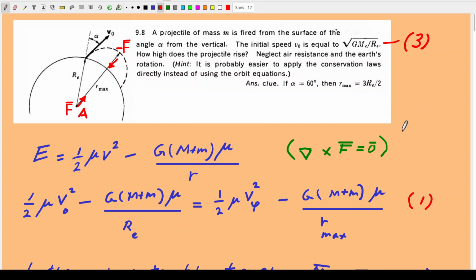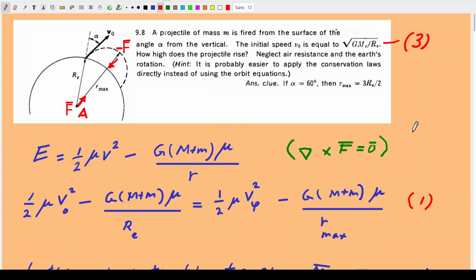Well, let's see. Could it be that the mechanical energy is conserved in this case? And the answer is yes, because the forces we have in the system here are gravitational forces, and those are known to be conservative forces. The way to check that is to take the rotation of the force expression and show that it's zero.